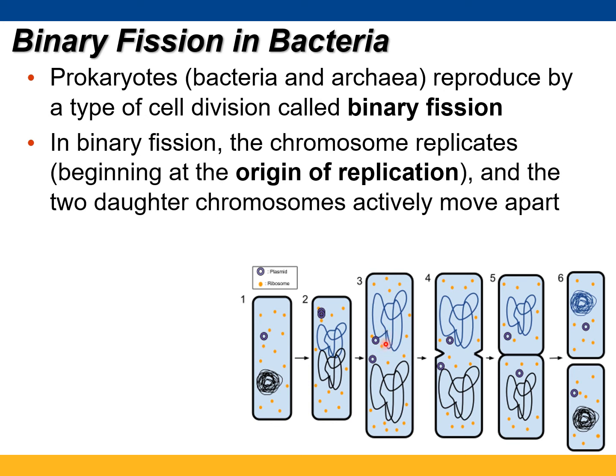One interesting thing, and this gives us some insight into eukaryotic DNA replication, is that the bacterial chromosome has a special region of DNA called the origin of replication.